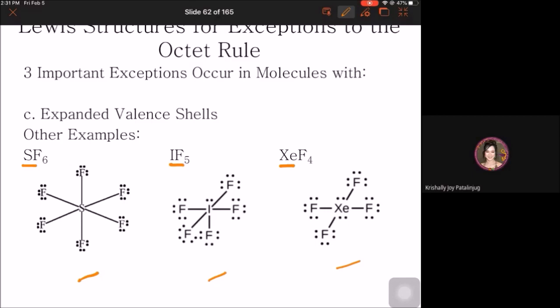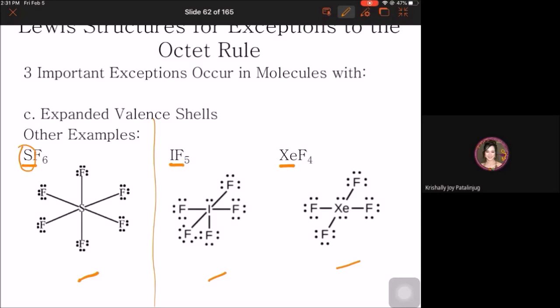Sige, start tayo kay sulfur hexafluoride. Okay? So, obviously, si sulfur yung magiging central dyan. Diba? Fluorine as a halogen, fluorine as the most electronegative atom, it will never be a central atom. Diba?